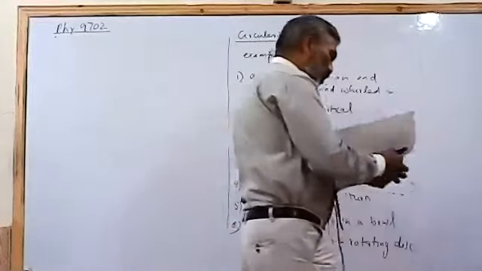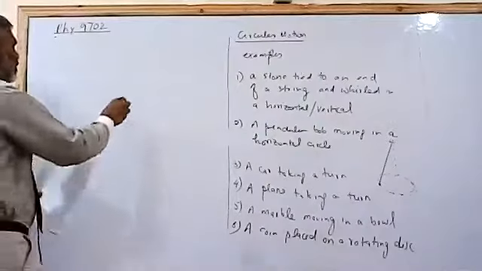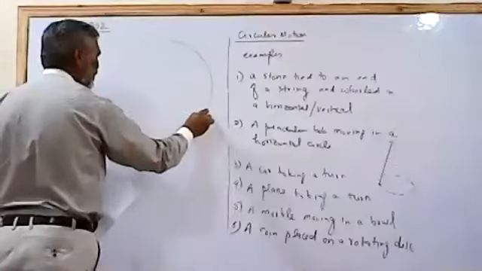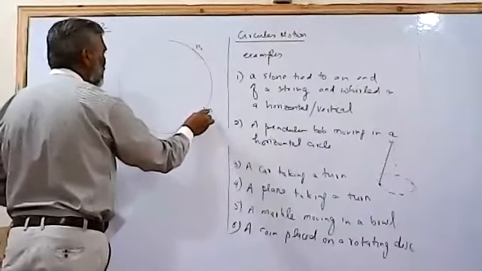For example, when an object is moving in a circular motion, let's say it moves from a position A to a position B along this path.